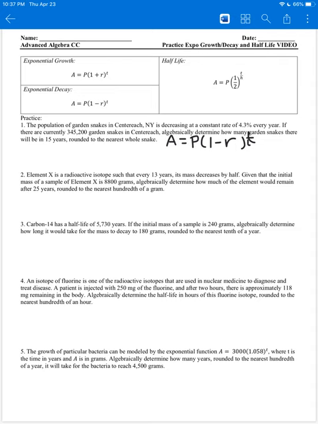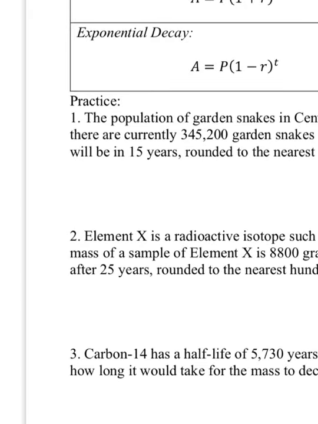So the question is how many garden snakes there will be in 15 years. So we're looking for the future amount of garden snakes. The future amount is your A variable. So we are solving for A.